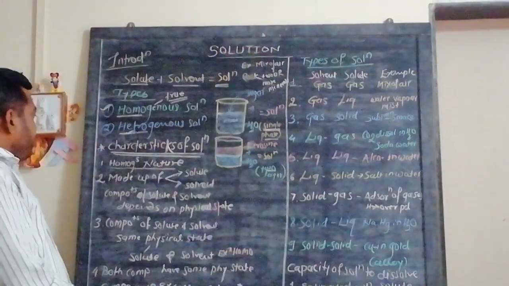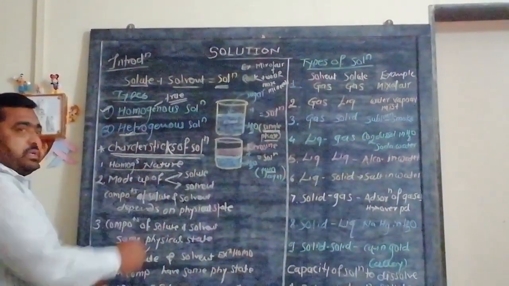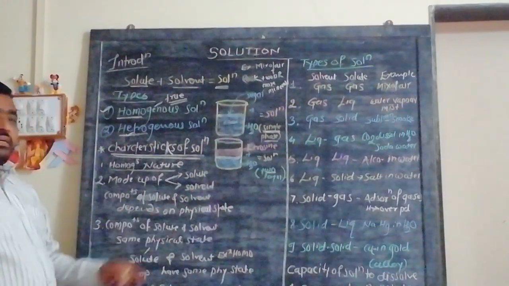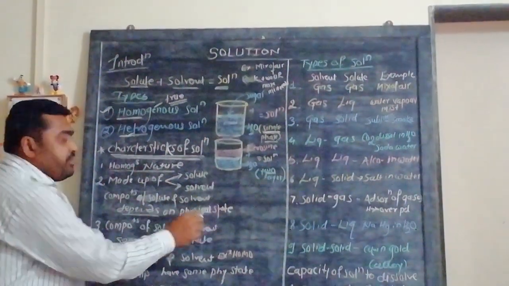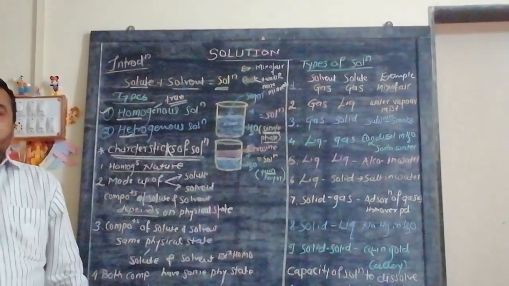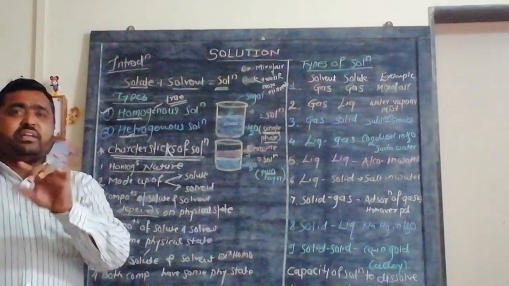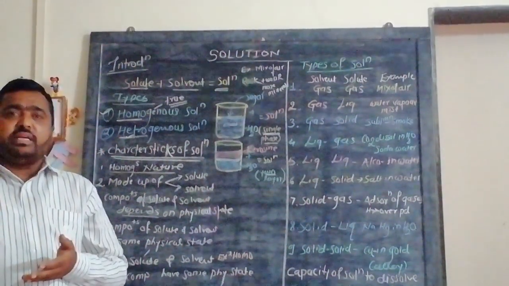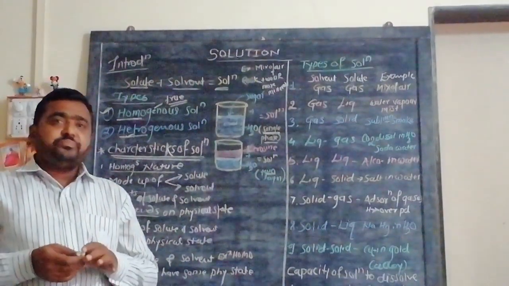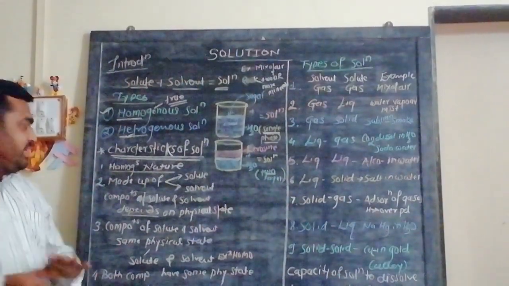The second characteristic property is that it is made up of solute and solvent. The components, solute and solvent, depend upon their physical states. Consider that the solute is in the liquid state and the solvent is also in the liquid state. Then both have the same physical state. The third property is that the components, solute and solvent, can have the same physical state.